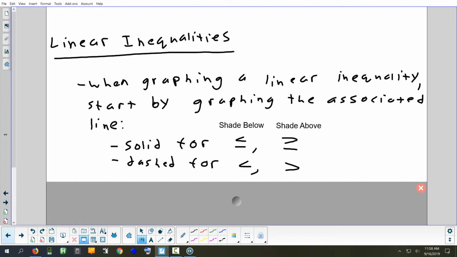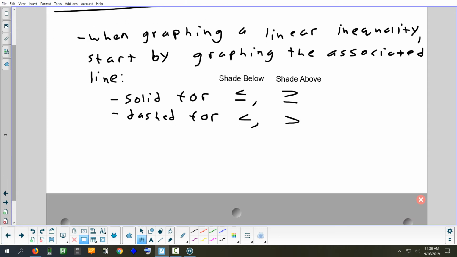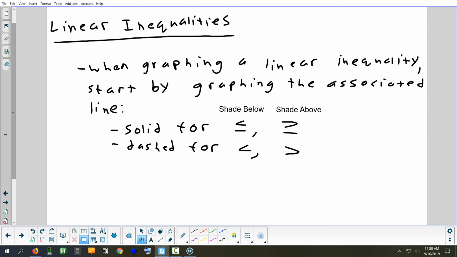It can either be solid or it can be dotted. How do you know? You look at your problem. If it has the less than or equal to, greater than or equal to, you draw a solid line. If not, you draw dotted. And that's actually it. That's all the steps.